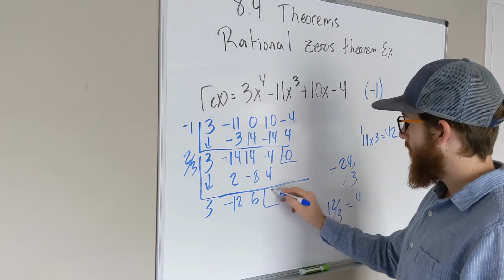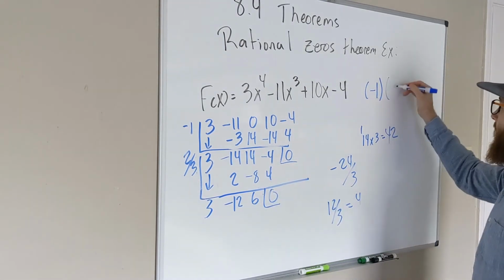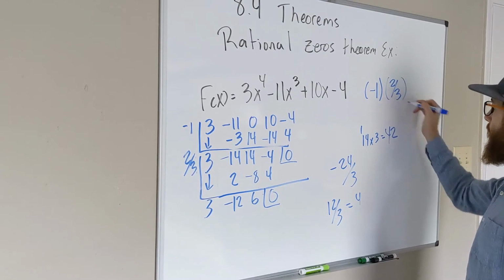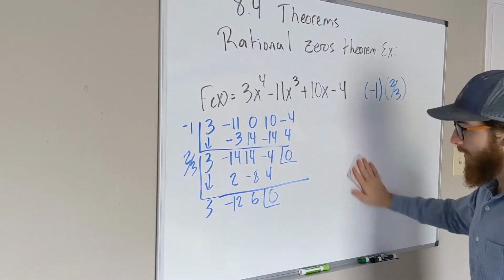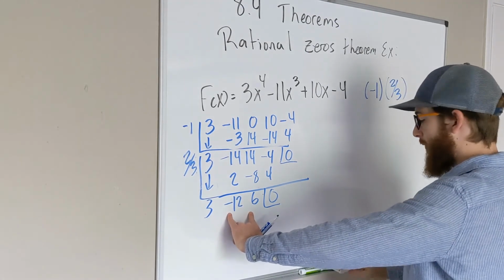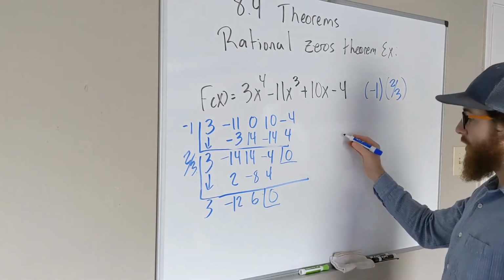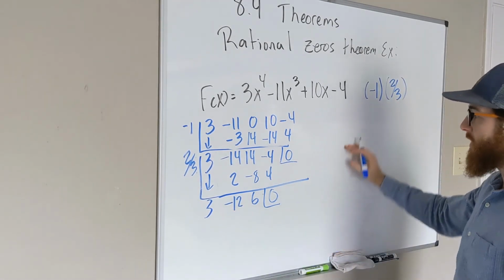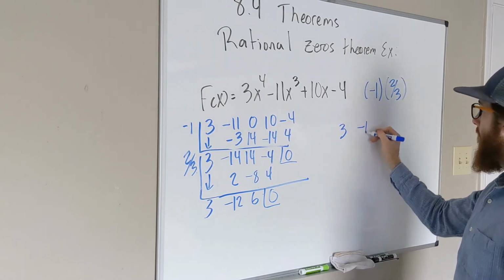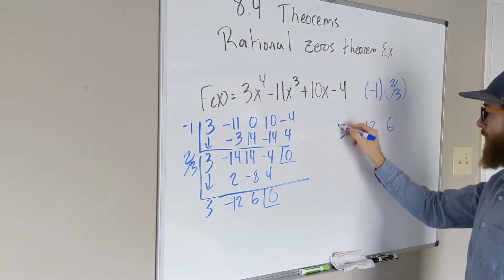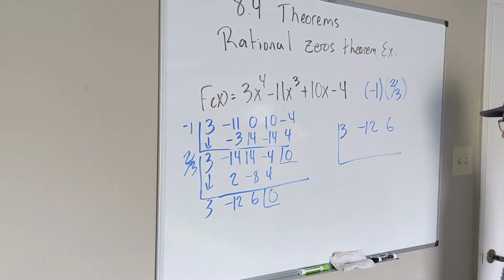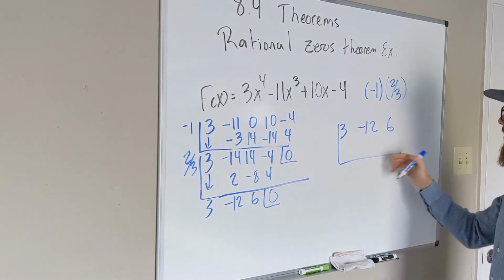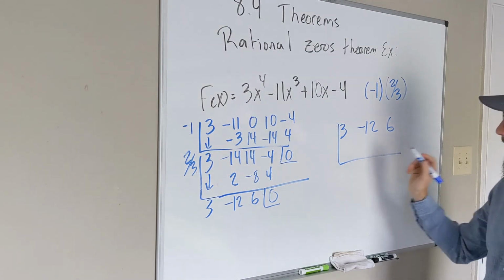So 4, 0. Aha! My next one is 2/3. So I have this piece left, and so what I'm going to do is just move this over because I was running out of room. So we still have 2 zeros left, and this should give us both pieces if we finish this out.